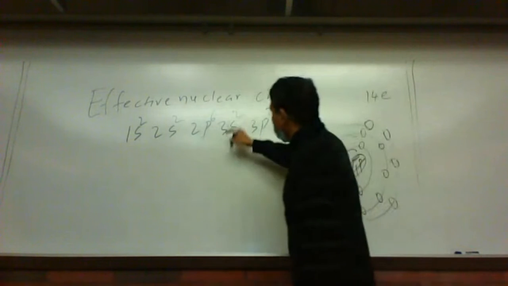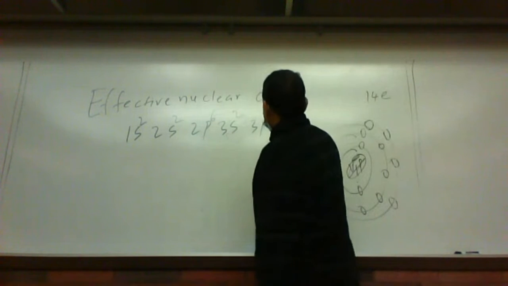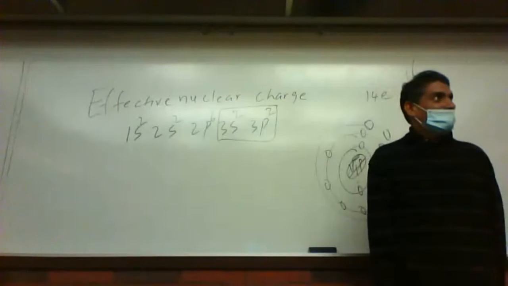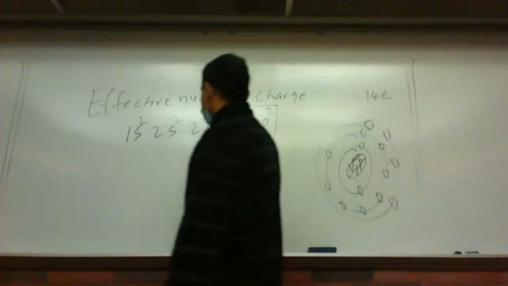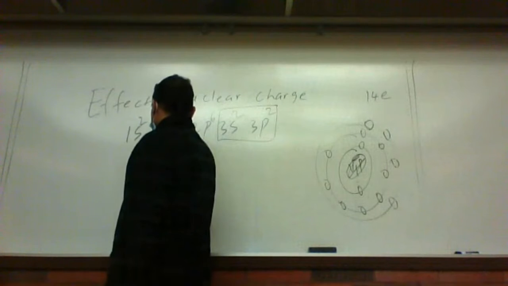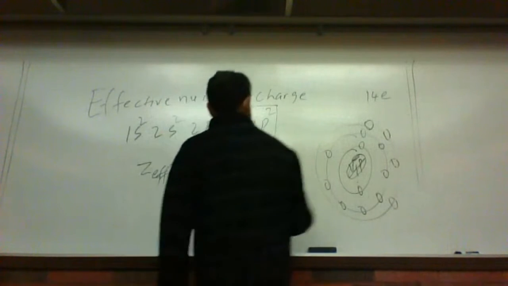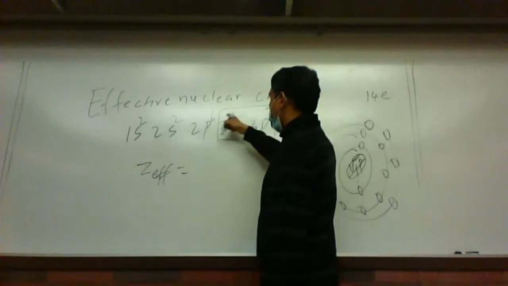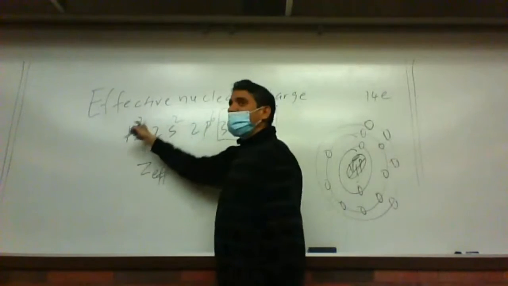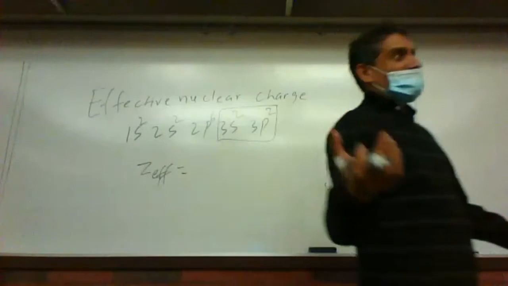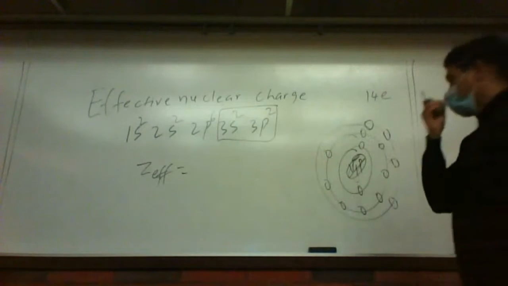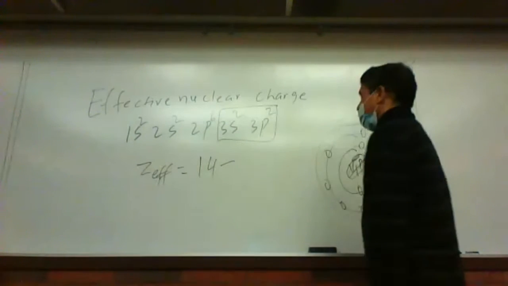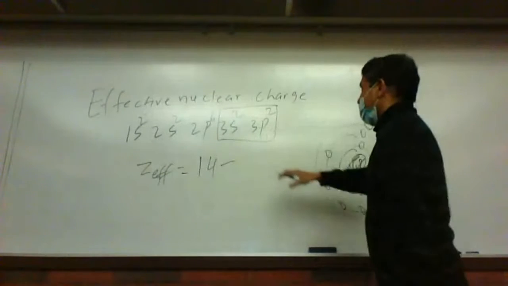I'm just talking about the force experienced by these third orbit electrons. How much force does a third orbit electron experience? Zeff: the total is 14. If you count the total number of electrons, 2, 4, 10, 12, 14, the number of electrons and protons is the same. So we have 14 protons, minus the number of electrons inside.